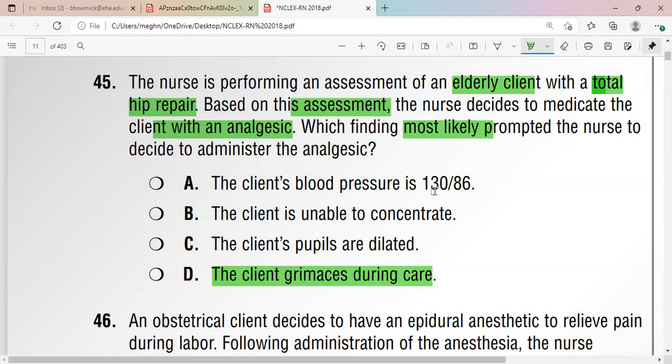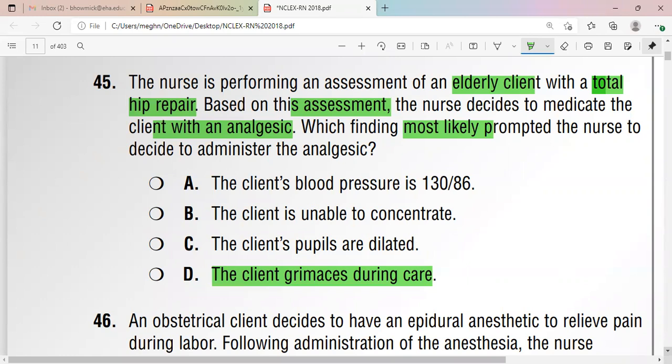The client's inability to concentrate and dilated pupils stated in answers B and C may be related to the anesthesia that he received during the total hip repair surgical operation, not related here.